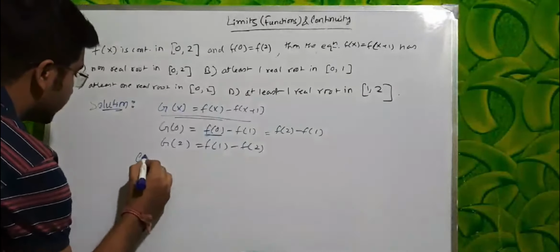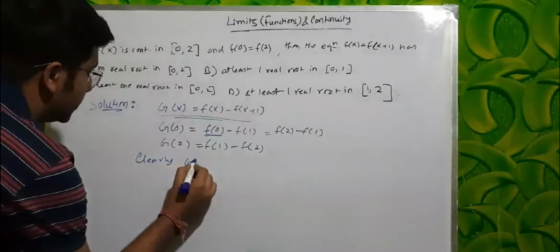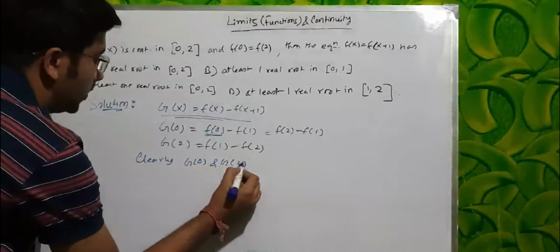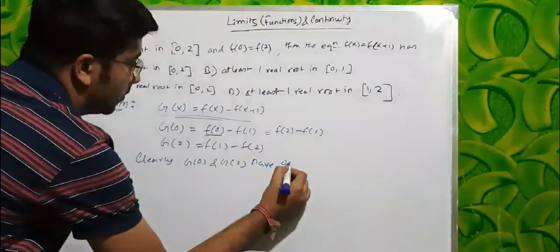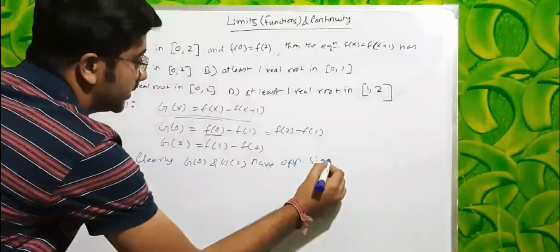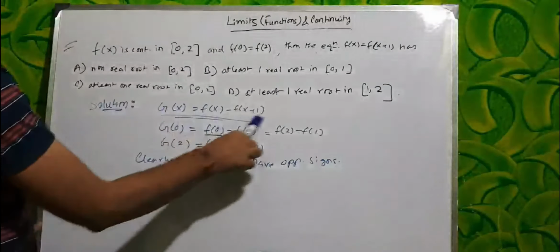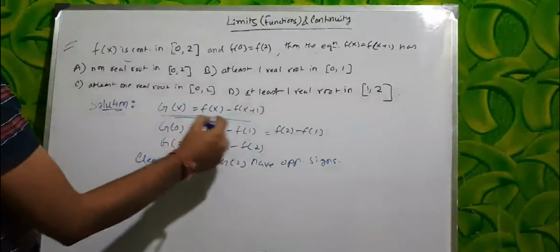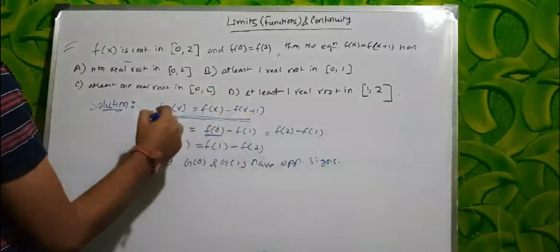Now clearly g(0) and g(2) have opposite signs. Why? Because g(x) is continuous, f is continuous, so the difference of continuous functions is always going to be continuous.